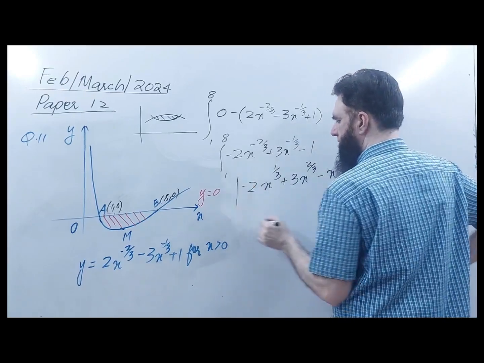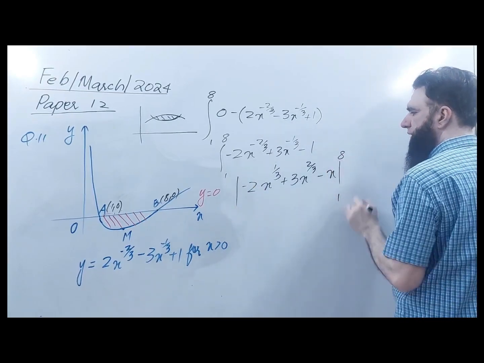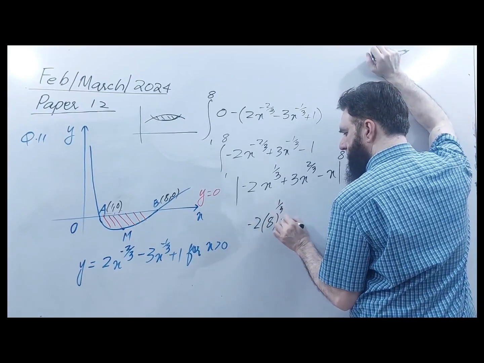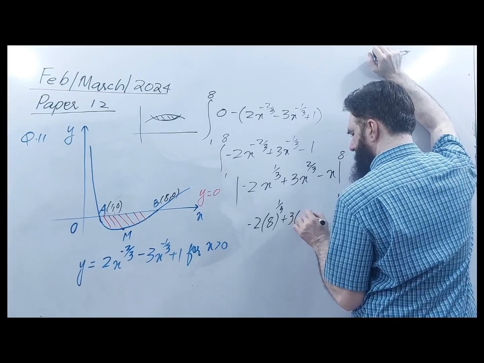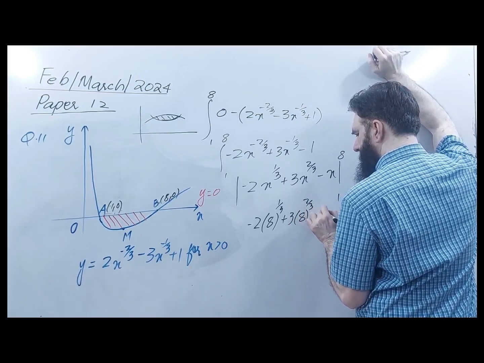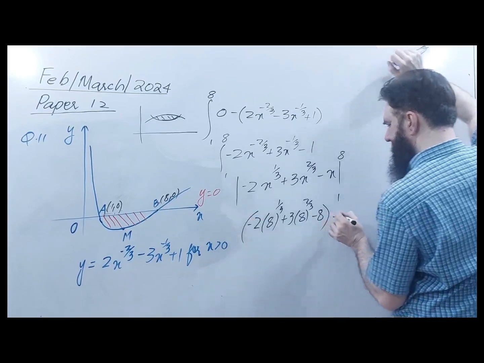This is the integral. And now if you apply the limits, what you get is minus 2, 8 power 1 by 3 plus 3, 8 power 2 by 3 minus 8. This is the upper limit.